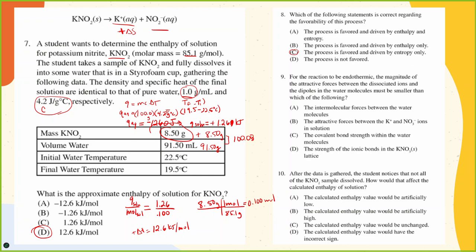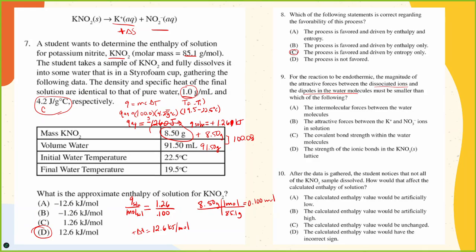For the reaction to be endothermic, the magnitude of attractive forces between the dissociated ions and the dipole of the waters, so these are the ion dipole forces formed, the forming is warming part, they must be smaller than which of the following? And technically, there's two things.